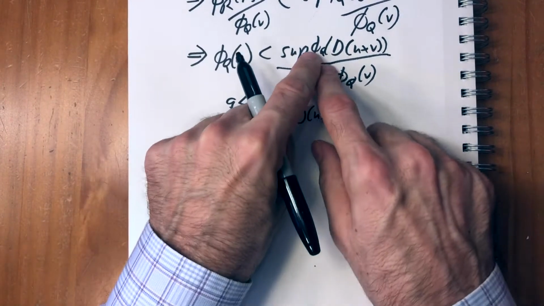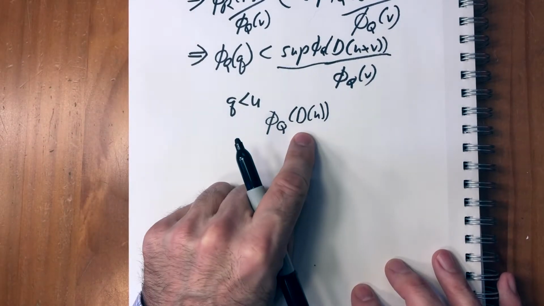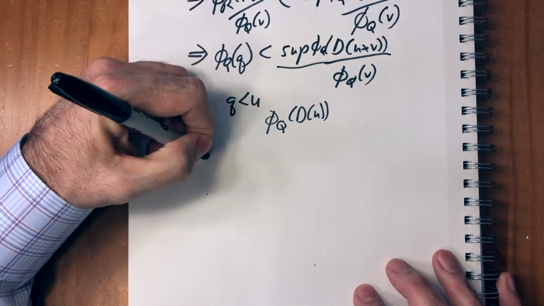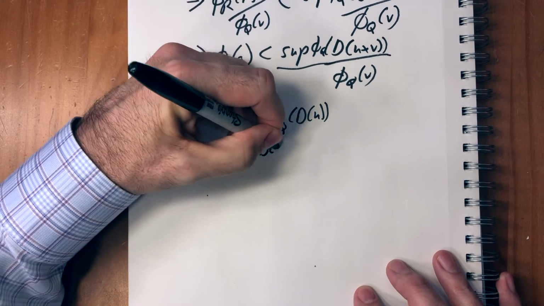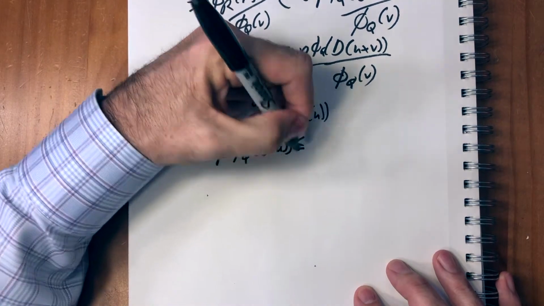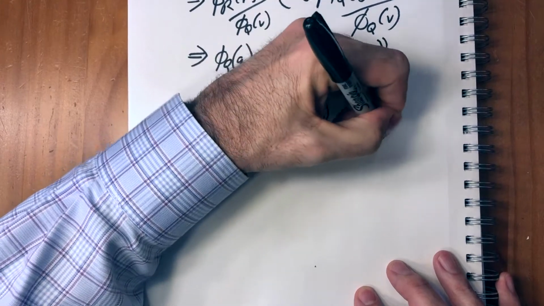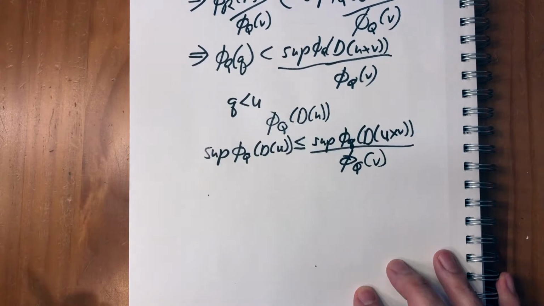That means that this is an upper bound of φ_Q of du, right? So we can say that the supremum of φ_Q of du is less than or equal to this whole thing, the supremum of φ_Q of d(u times v) over φ_Q of v.